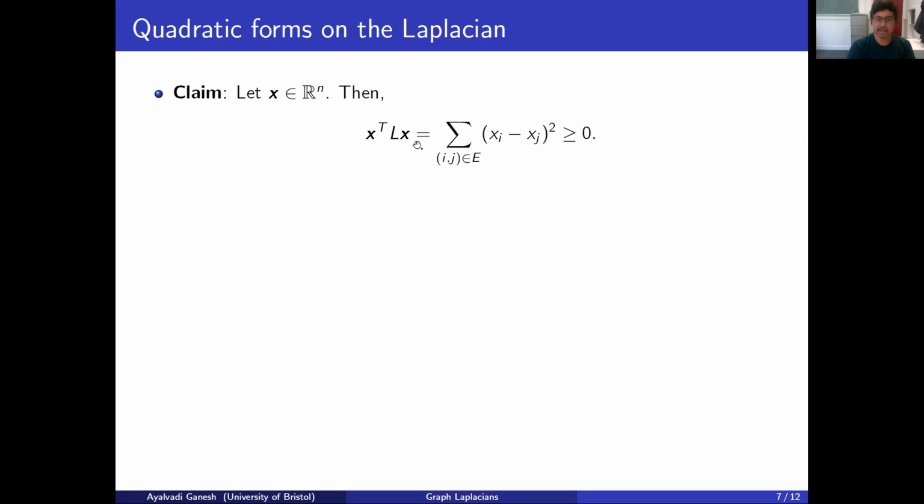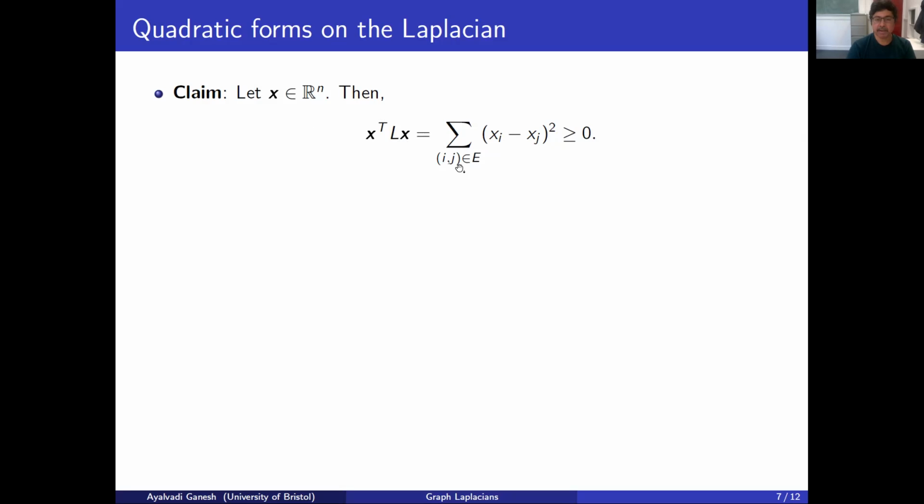And our claim is that this can be expressed as the sum over all edges in the graph of (xi minus xj) squared. You should think of x as being indexed by the vertices of the graph.